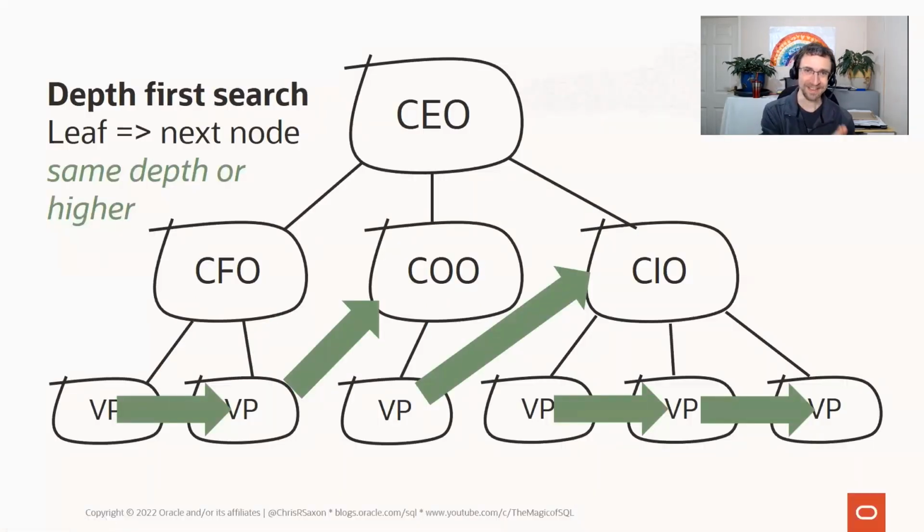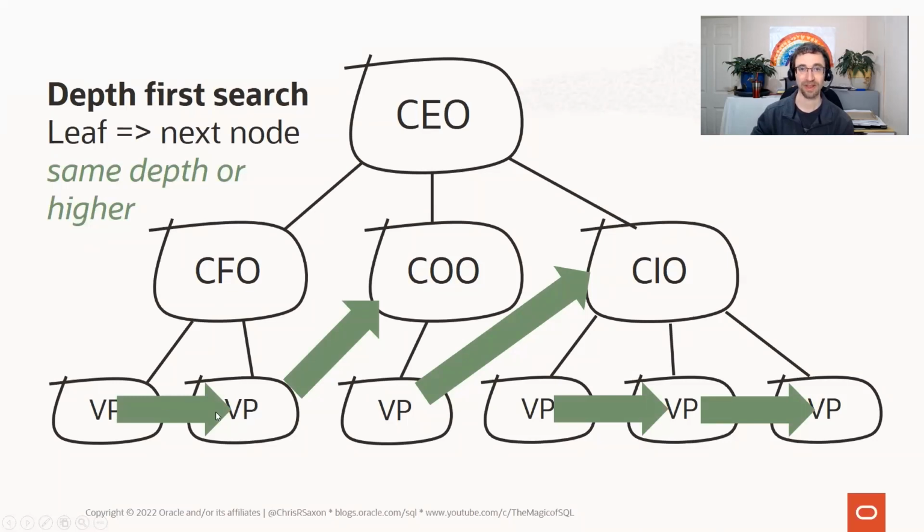Before we show you how to do this, just a thing to note with depth first search. We've got depth first search, so we're always going down. When we are at a leaf, the next node we visit will always be at the same depth or higher. So we notice with this VP, the next row we get in the output will be its sibling, this VP here.